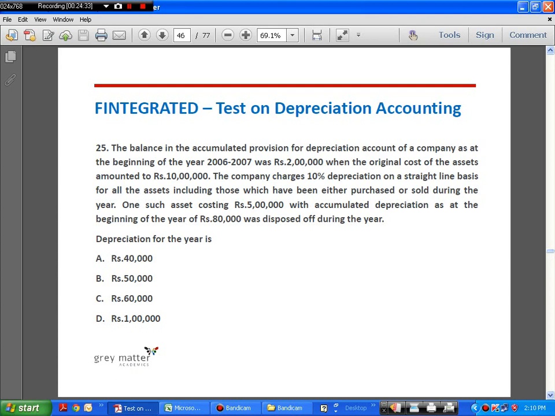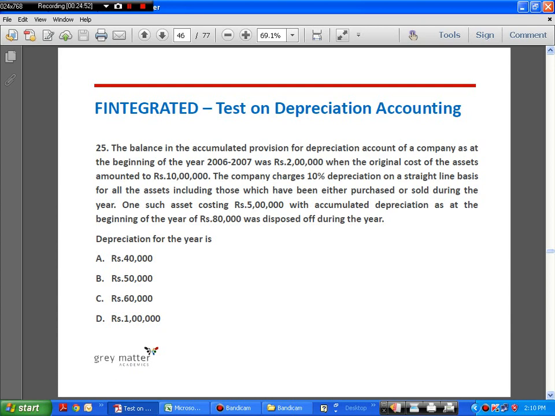See, here in this problem we must understand one thing, that the company's policy for charging depreciation is not on a pro rata basis. It says the company charges 10% depreciation on a straight line basis for all the assets, irrespective of whether they've been purchased or sold during the year.